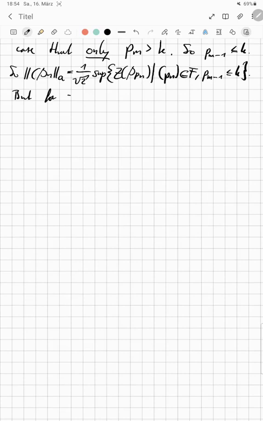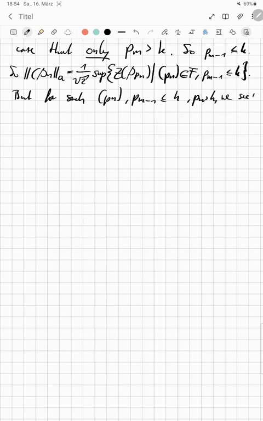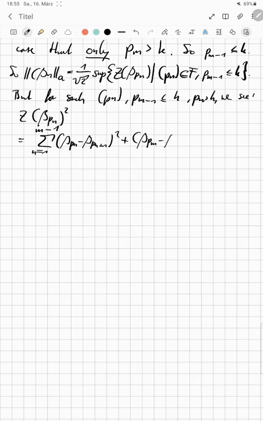Okay? But for such indices P_n, so for which P_{m-1} is less than or equal to K, and P_m is bigger than K, we see that Z of beta P_n, and we will add the square here to make it easier, is the sum from n equals 1 to m minus 1 of (beta P_n minus beta P_{n+1}) squared plus (beta P_m minus beta P_1) squared.